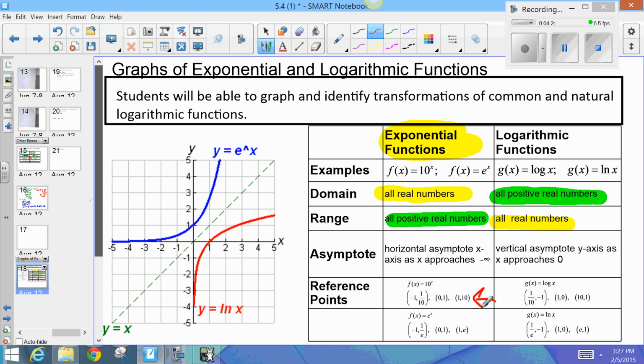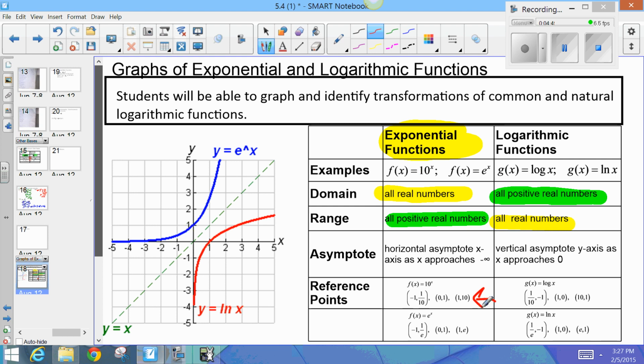So you put a -1 in, the y is 1/10. 10 to the power of 0, anything to the power of 0 is 1, so (0, 1) lies on that graph. 10 to the power of 1 is 10, so you should be able to generate that graph very easily.